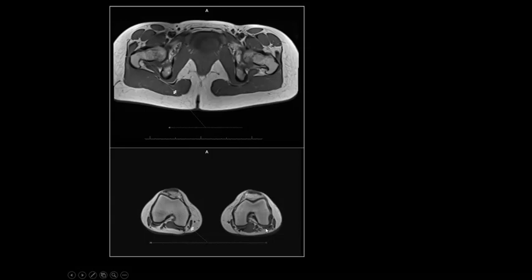The reason is that we can assess the position of the knee and then offset that from the femoral neck angle or the version to get the true or the corrected femoral neck version.